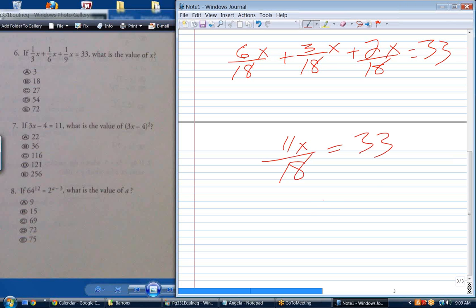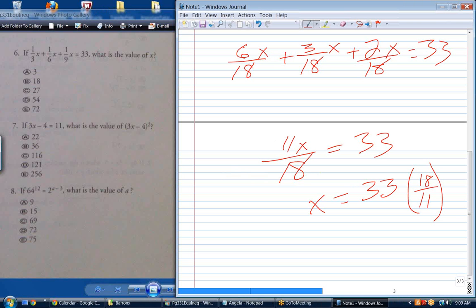And then multiply both sides by 11/18. Actually, I want to make sure you don't get this backwards. You want to multiply both sides by 18/11ths. Because notice if you multiply both sides by 11/18ths, the left would not reduce to x. Right, okay.